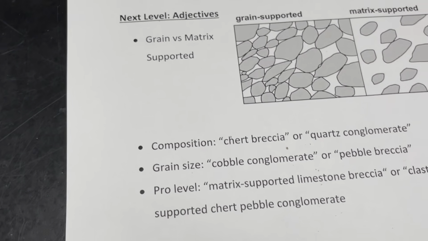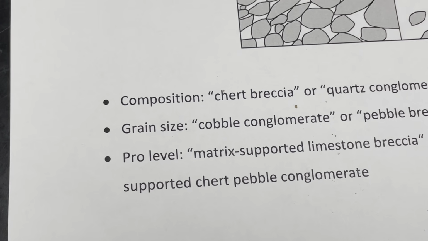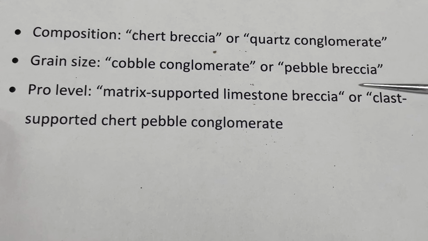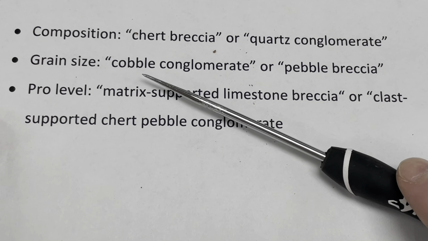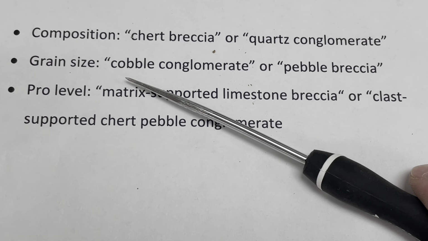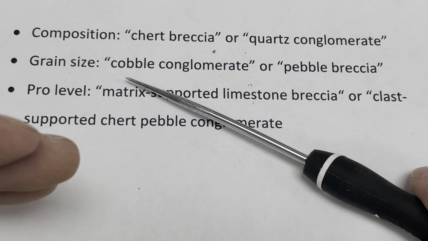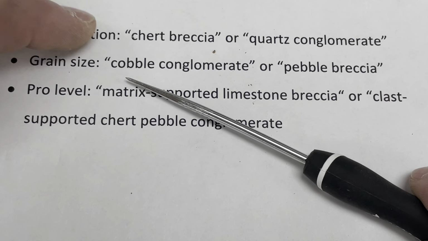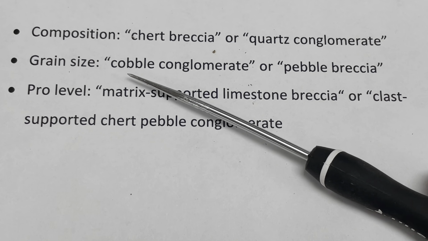Some other modifiers you might use: you might look at the grain size in the sample. Even though we're calling it all gravel, remember in our last video, we differentiated between pebbles, cobbles, and boulders. Those, and granules, I suppose, are all sizes within the gravel designation.